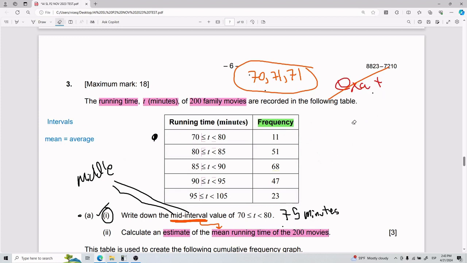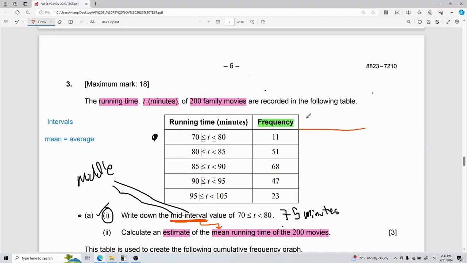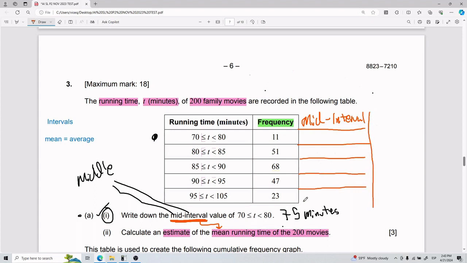And so now I'm going to go ahead and add an extra column, just to be very clear, that says mid-interval. And from here, I'm going to make it very nice and pretty, although my artistic skills, you know, they're all right. Here it is. So here's my extra column that I just added.